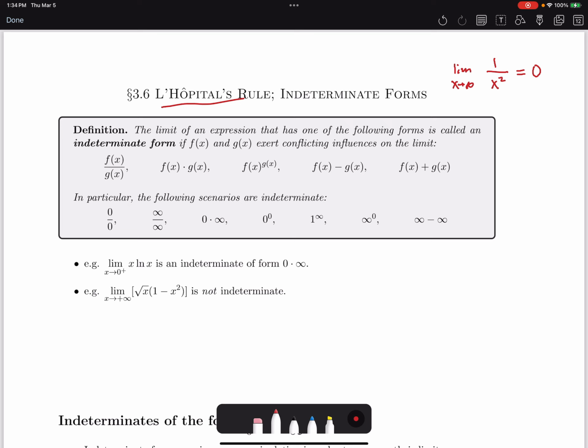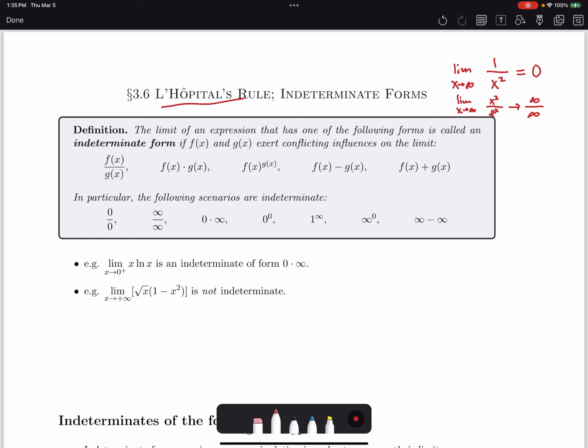But imagine instead that you had a situation like you're trying to take the limit as x goes to infinity of something like x squared over e to the x, okay? Now this time it's a little bit more difficult to see what's going on because as x gets really large, x squared is going to get really large and e to the x is also going to get really large. So this goes off towards an infinity over infinity type of situation.